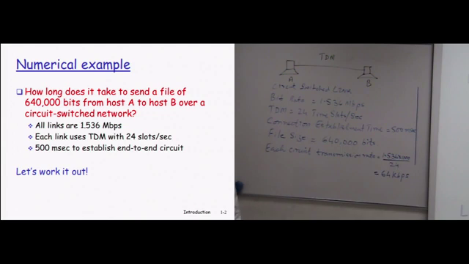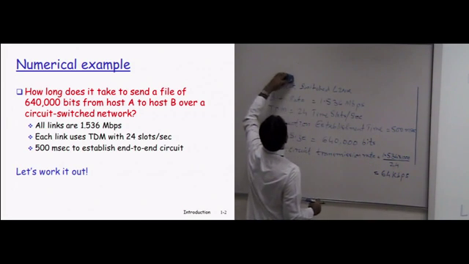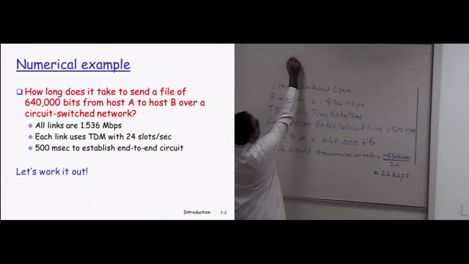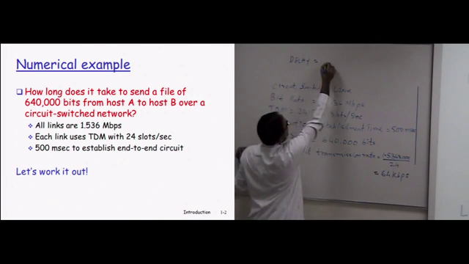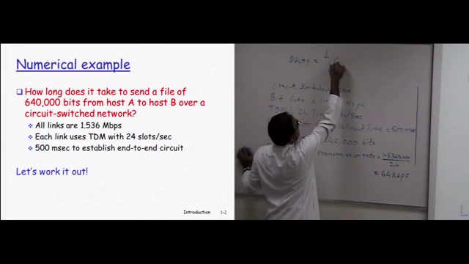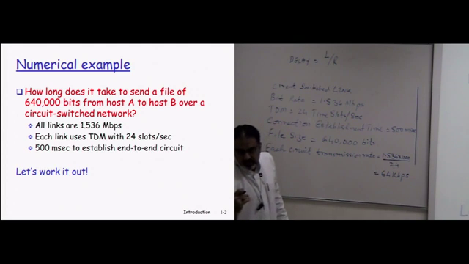Now we have to look at how long it will take. In order to calculate the time, we studied the formula in the last lecture. The delay will be equal to L upon R, the size of the file, the number of bits, divided by the data rate.